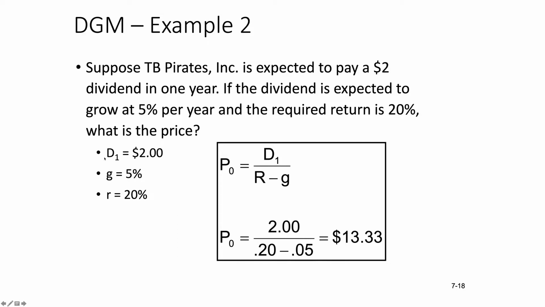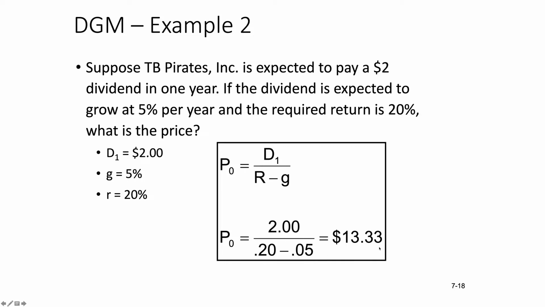Then the formula will be D1 divided by R minus G. In example 1 the last dividend is given, so you need to grow it at 2%. This one, you are given the next dividend. So here's the difference, right? So do the calculation. Next dividend, $2, divided by cost of capital 20% minus 0.05. The result is 13.33.